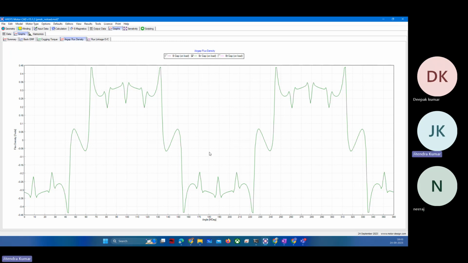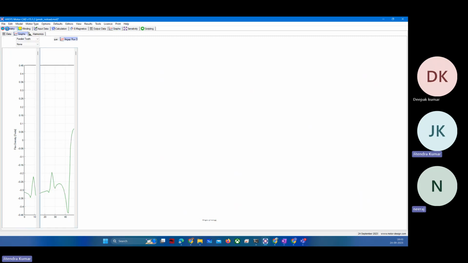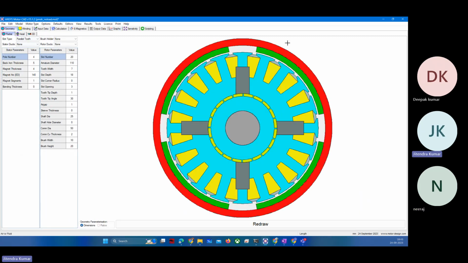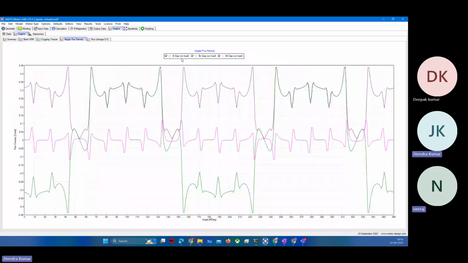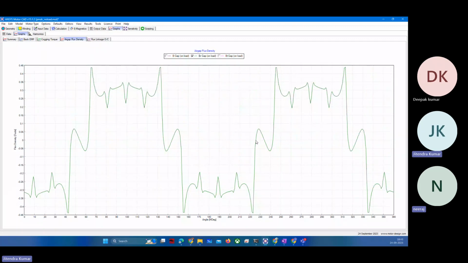Yes, basically our stator slots and all are not perfectly uniform. Apart from the cores, they are just equivalent to air, so these are not a uniform permeable path. They create this distortion in our air gap flux density. The main reason is the varying reluctance. Yes, exactly.